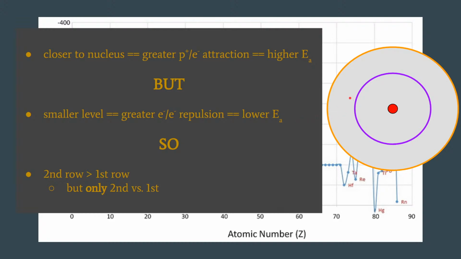So that's what's happening. You have these two things acting in opposite directions. When you take a step down, you go out an energy level. You're losing the attraction between the protons and the electrons, but you are also losing that repulsion. This only has this effect.